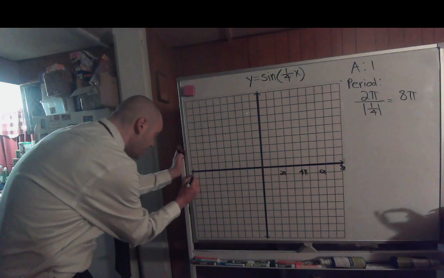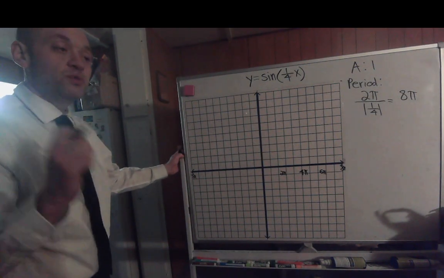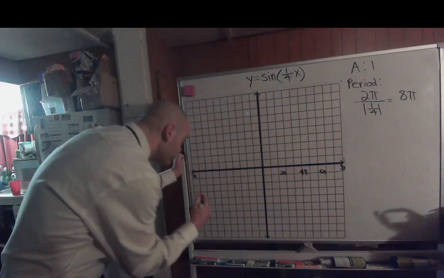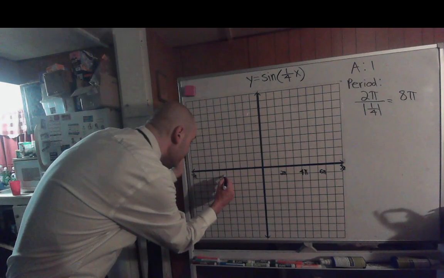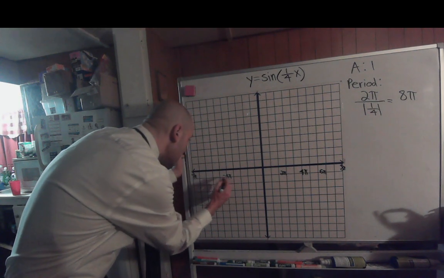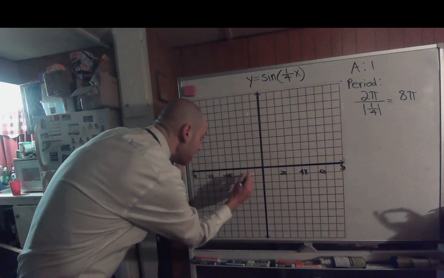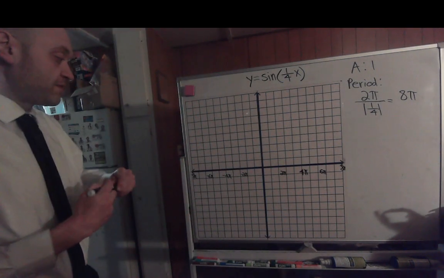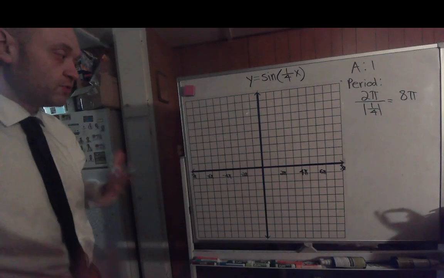So here's -8 pi. I should say that when graphing, it's customary to include 2 full periods. That's what you want to do. Alright, so here's -4 pi. There's -6 pi. Here's -2 pi. Okay. So we have from negative 8 pi to 8 pi. Again, you want to include 2 full periods.